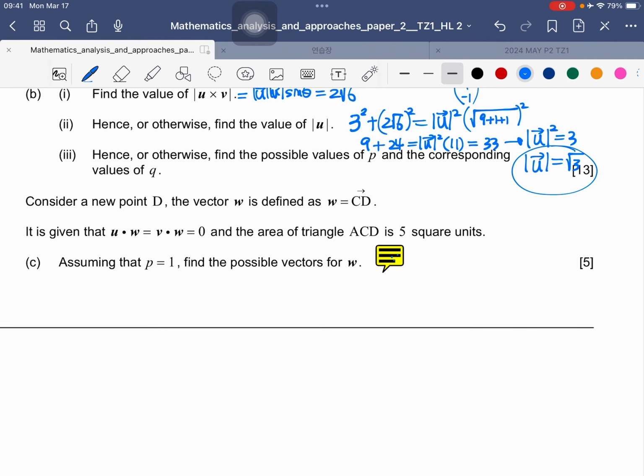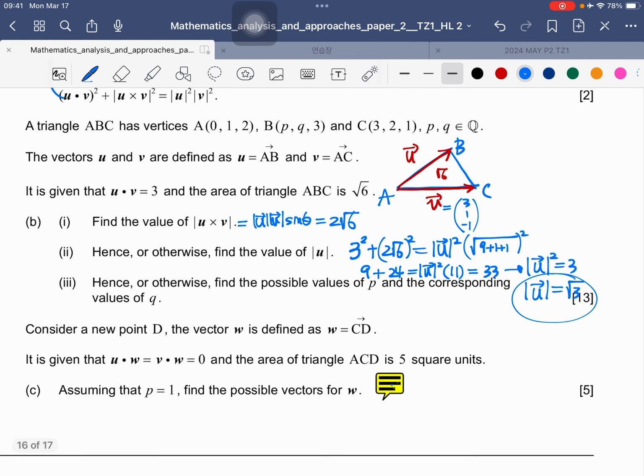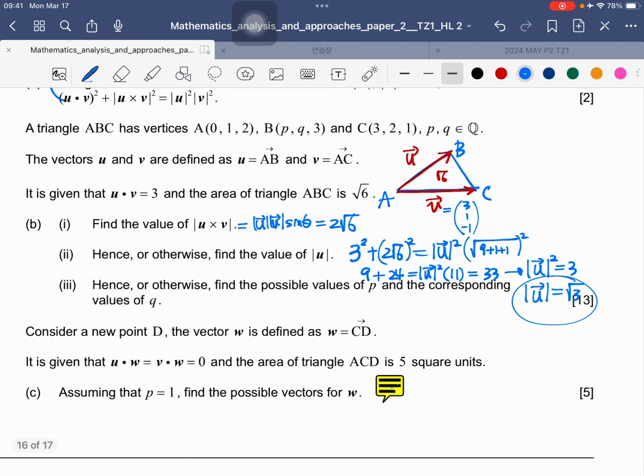Hence or otherwise, find the possible value of p and the corresponding value of q. So we already know that the u vector magnitude is square root of 3.